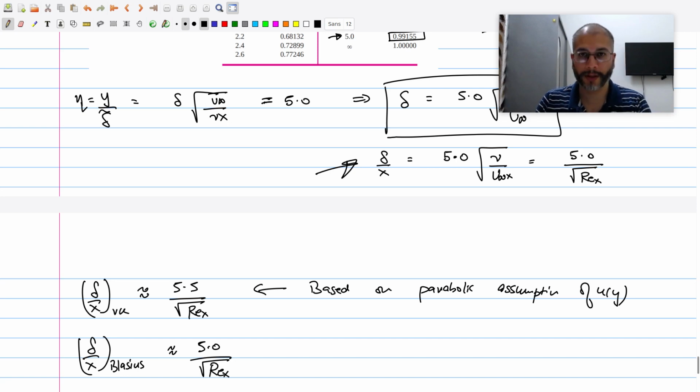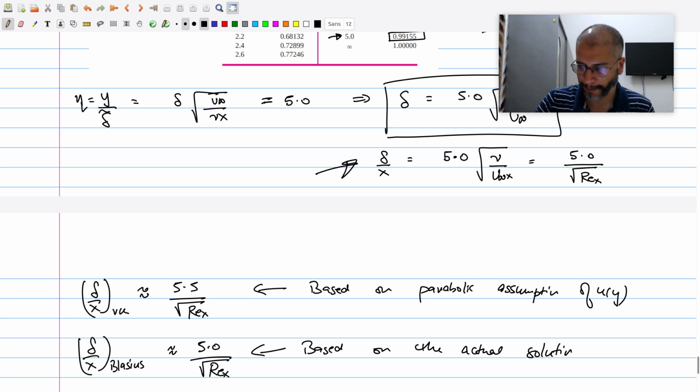I use approximate because we still got this from this table, which is obtained from some finite approximation of the infinite series solution. Okay, so this is based on the actual solution of boundary layer equations. So that's very interesting because they are close.